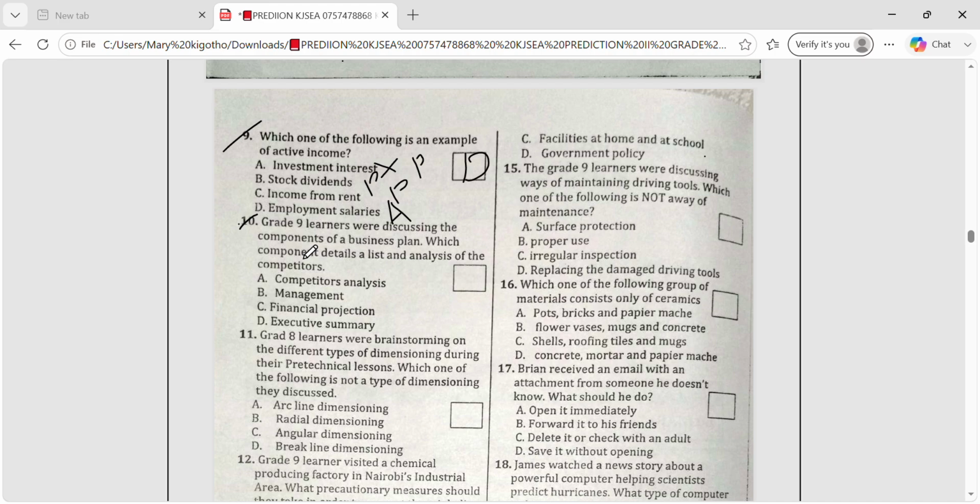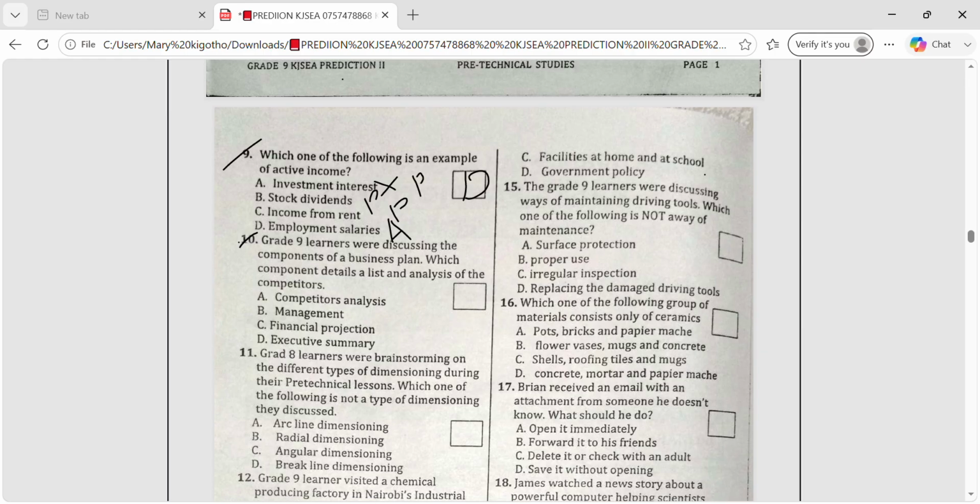So this is grade 9 work. Let's see. First, recall the key components of a business plan and what each covers. We had what you call executive summary, hope you remember, and it's an overview of the whole business idea. We also had the management, who runs the business and their roles. We also have competitors analysis, which identifies competitors and evaluates their strength and weakness.